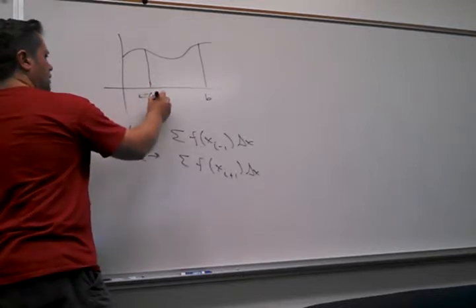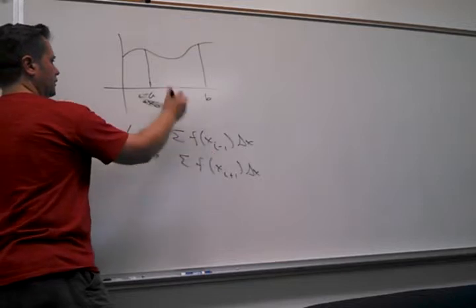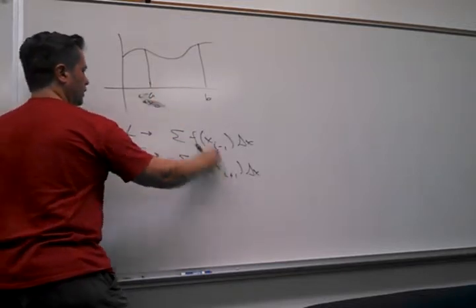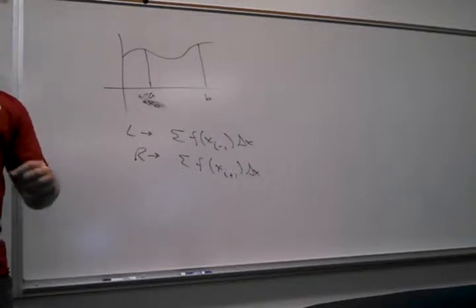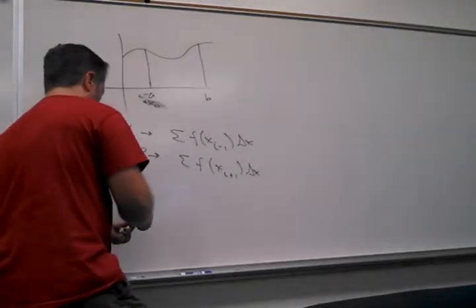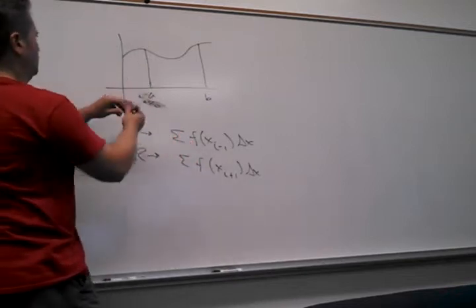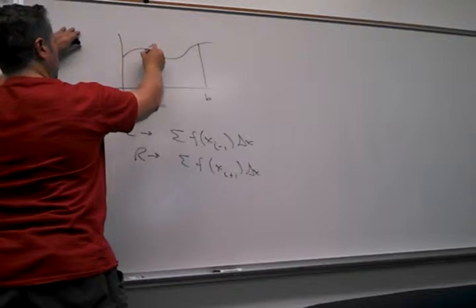So this would be x_{i-1}, well, this would be x0 effectively, and then the right endpoint would start at x1. I don't know if you guys remember that. It just determines how tall your rectangles are going to be. So this first rectangle, if I use the left endpoint, it would be this tall. If I use the right endpoint, it would be that tall.